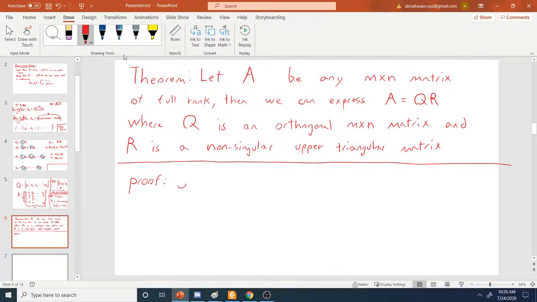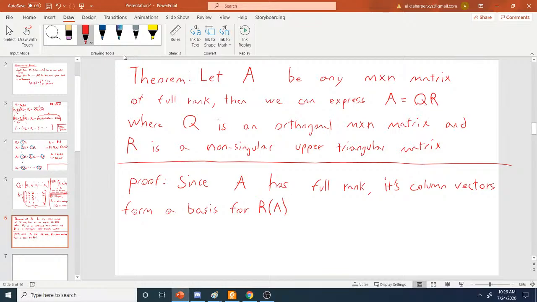So the proof is, since A has full rank, its column vectors form a basis for the column space of A, and we may thus apply the Gram-Schmidt process.